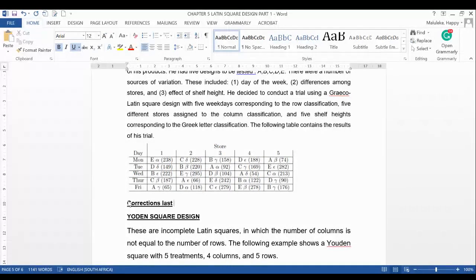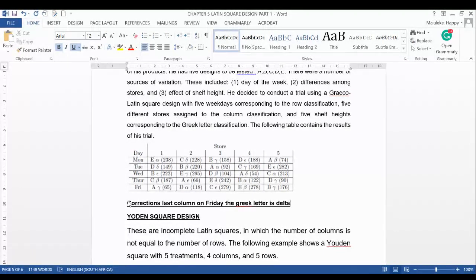Last column on Friday. The Greek letter is supposed to be delta.